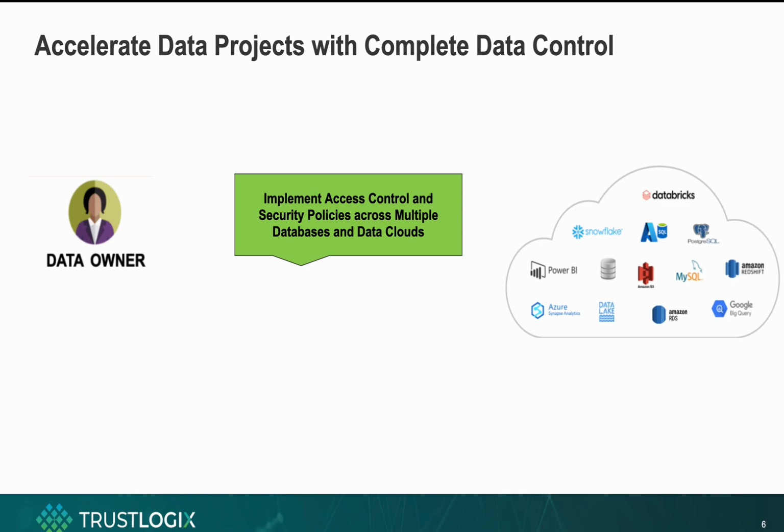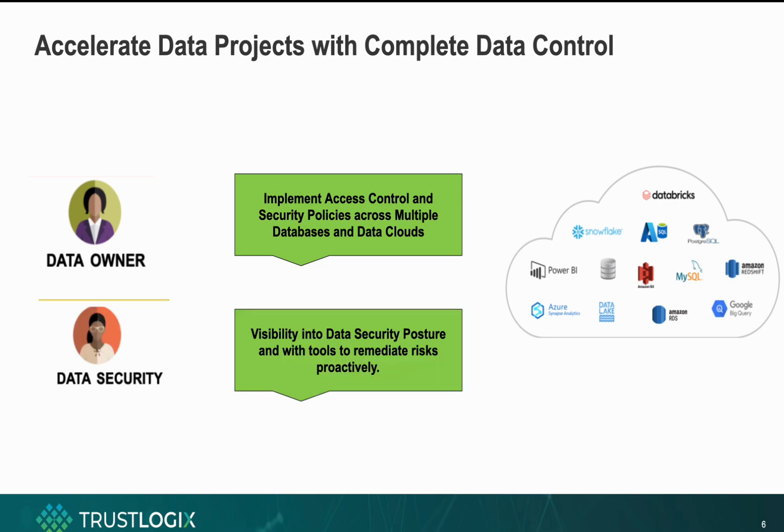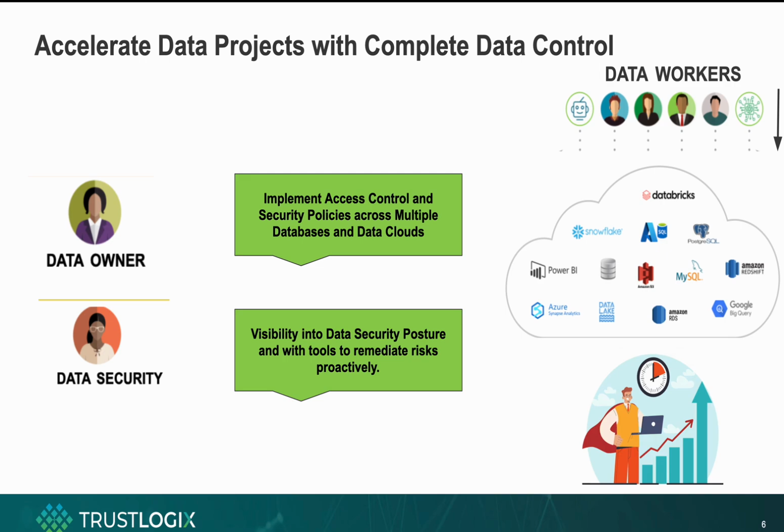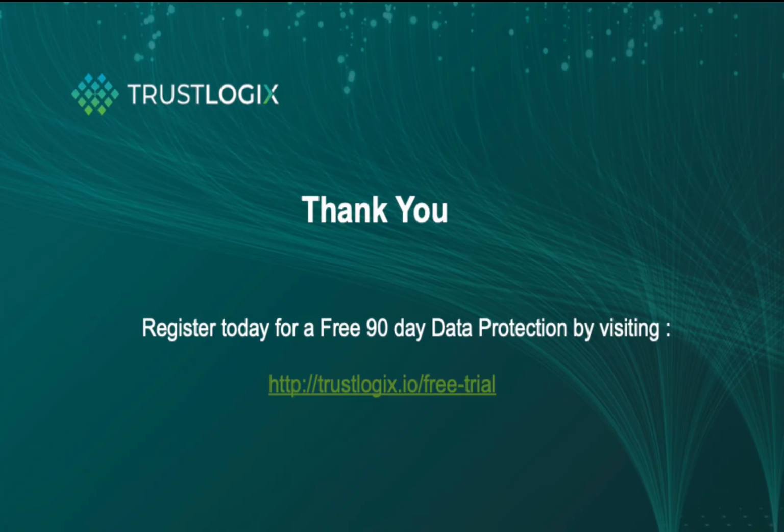TrustLogix makes it easier for data owners to quickly and easily create policies without needing to be an expert. Security personas get immediate visibility into any risky access activities and they can immediately remediate that with recommendations. All this means that your data workers now have very quick access to data. With improved productivity, your data projects are accelerated.